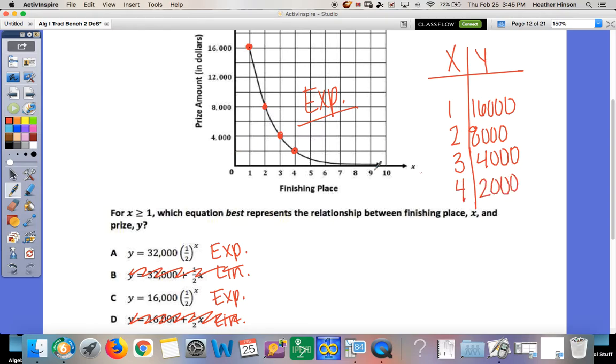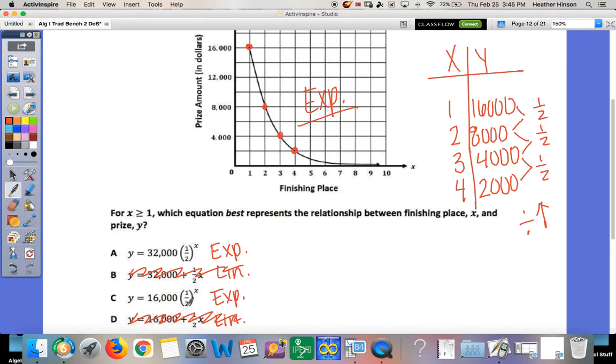And then everything else is not on a point. So how do we find our multiplier? We divide up. 2,000 divided by 4,000 is a half. 4,000 divided by 8,000 is a half. 8,000 divided by 16,000 is a half. So our multiplier is 1/2.